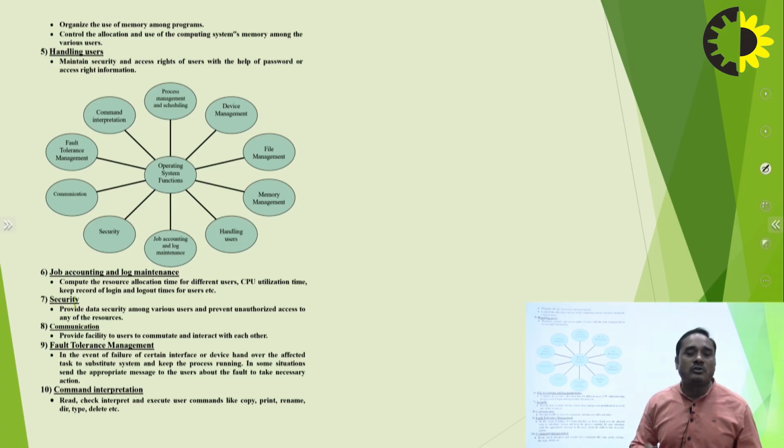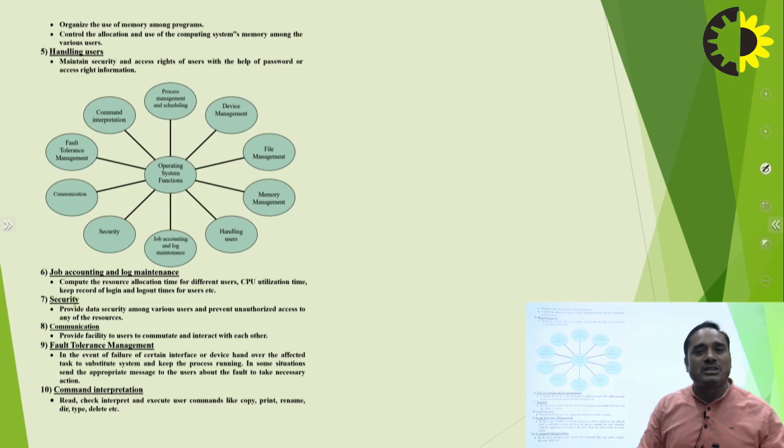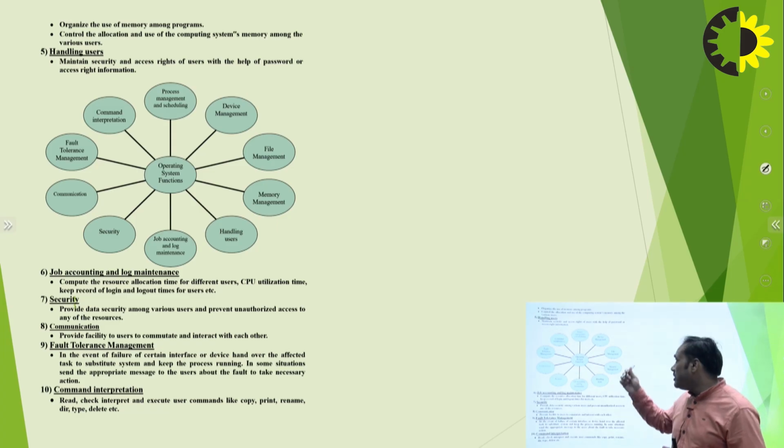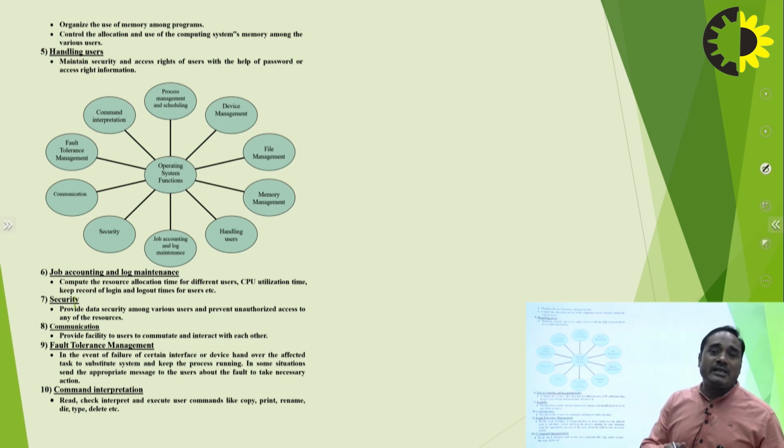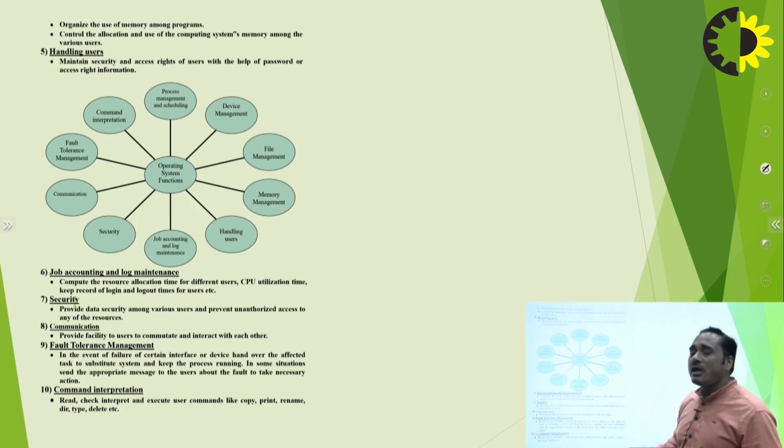the OS, because the operating system is controlling all the things going on inside the system, like process management: how many processes are running. Device management: how many devices are active, either external or internal devices. File management: how many files you have opened, how many files are downloading, how many files are closed.